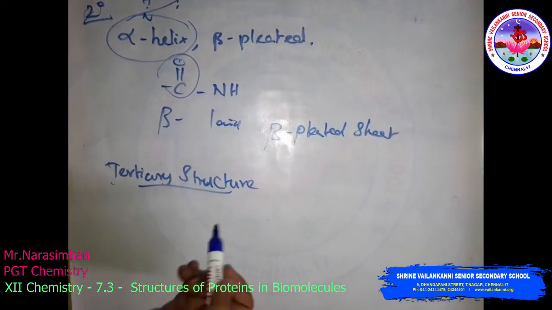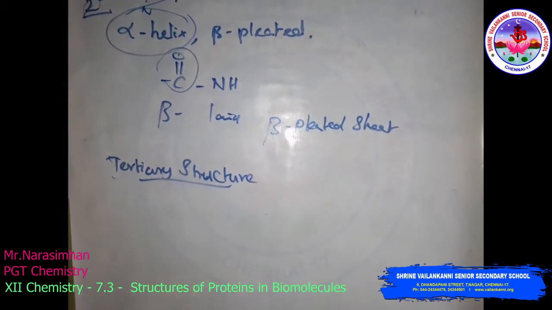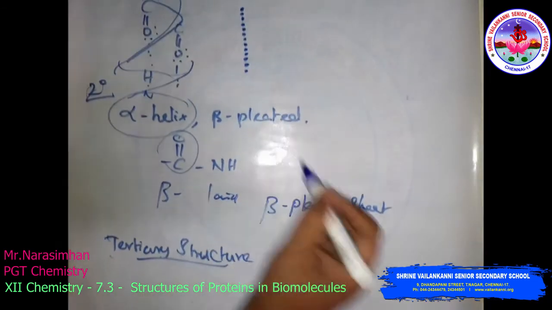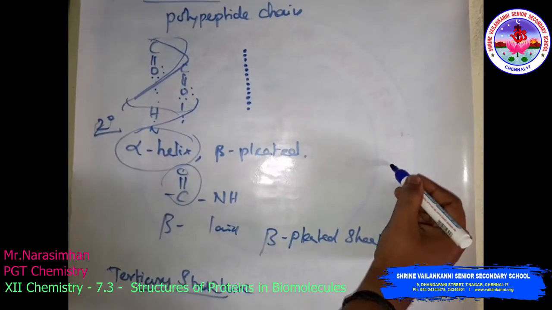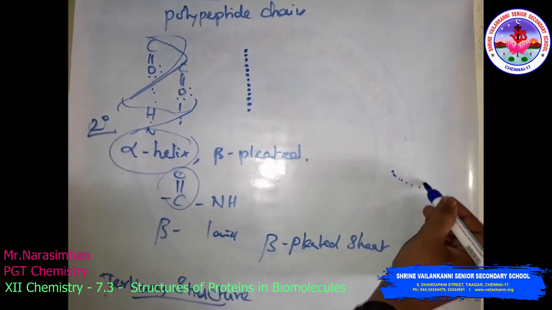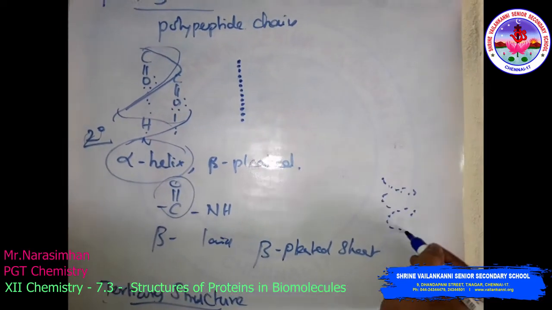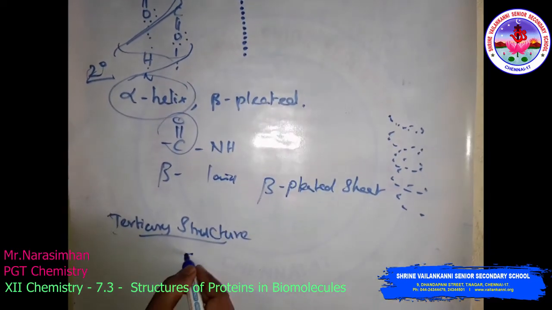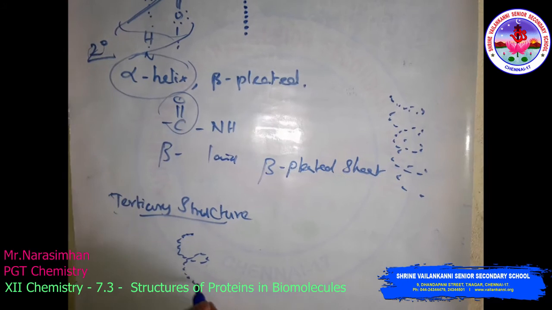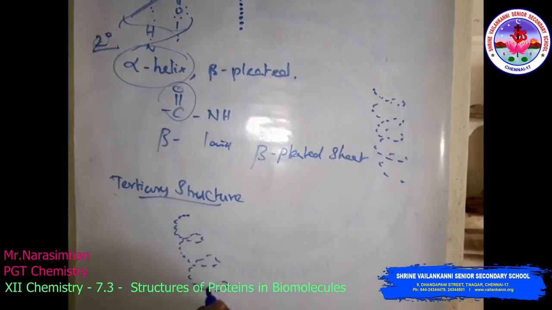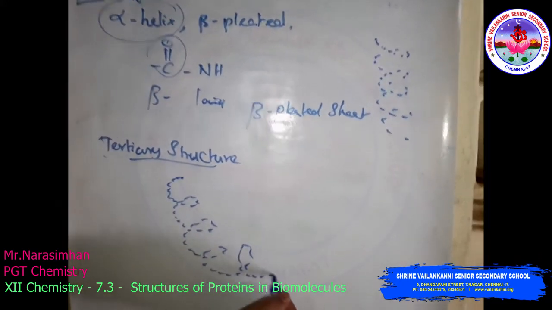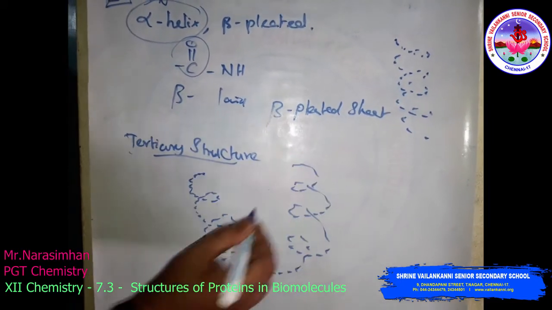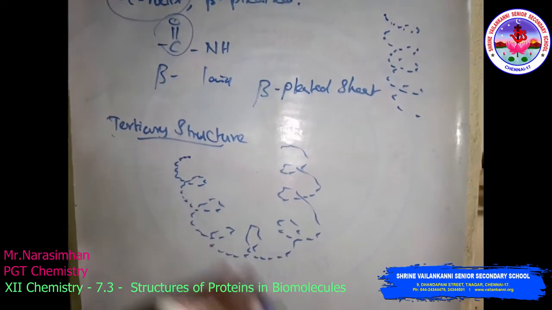The primary structure is like this, the secondary structure like this, and the tertiary structure, the overall folding, like this. So this is the tertiary structure of protein.